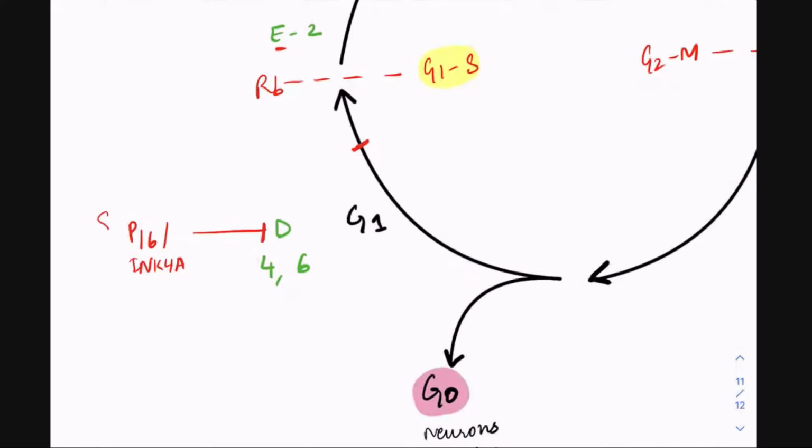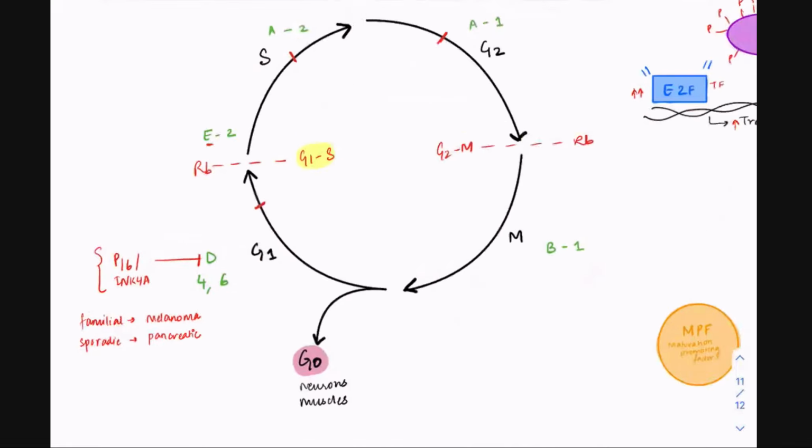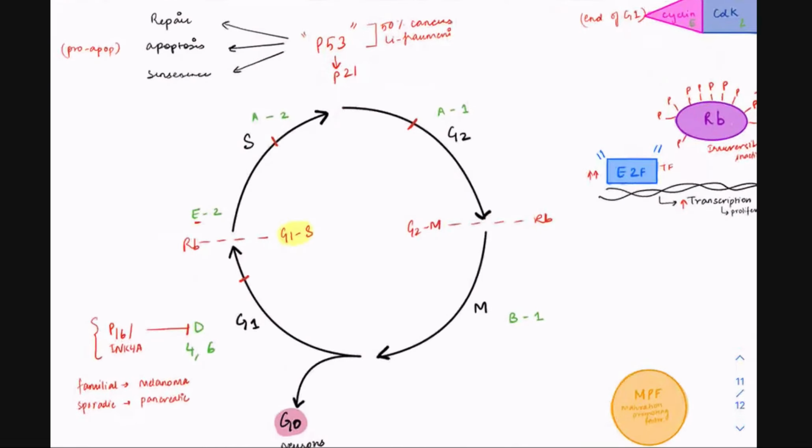And if this guy here is mutated, if it's a familial mutation, we see melanomas in the patient, and if it's a sporadic mutation of P16, then we mostly see pancreatic cancers. Okay, so that's P16. And I think that covers pretty much all our basic cell cycle inhibitors.